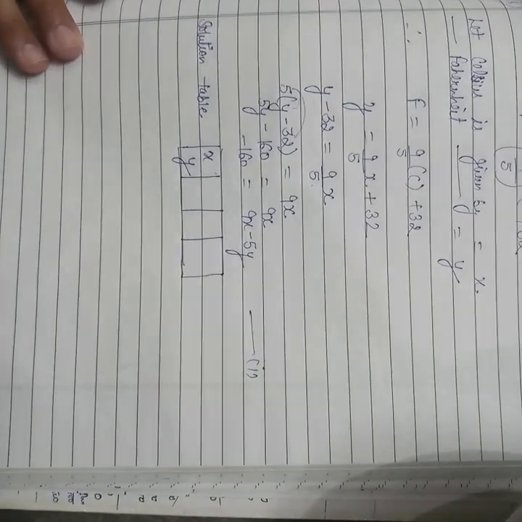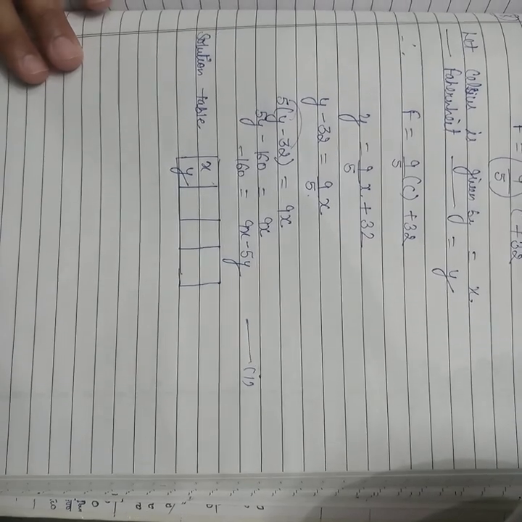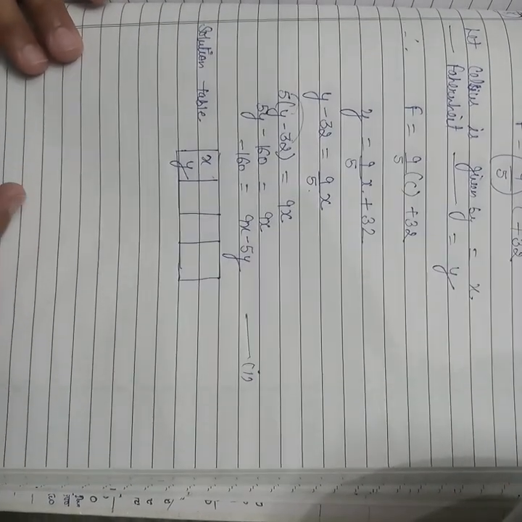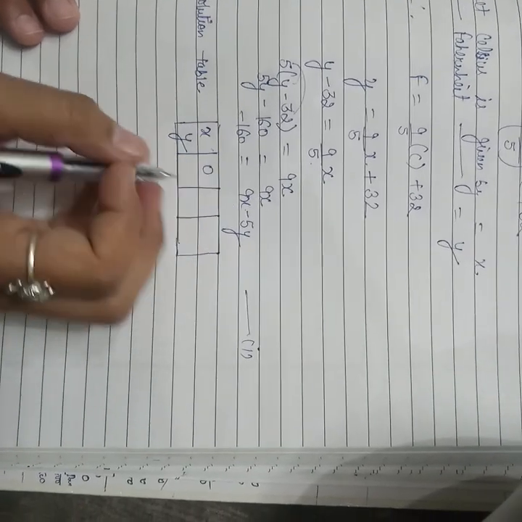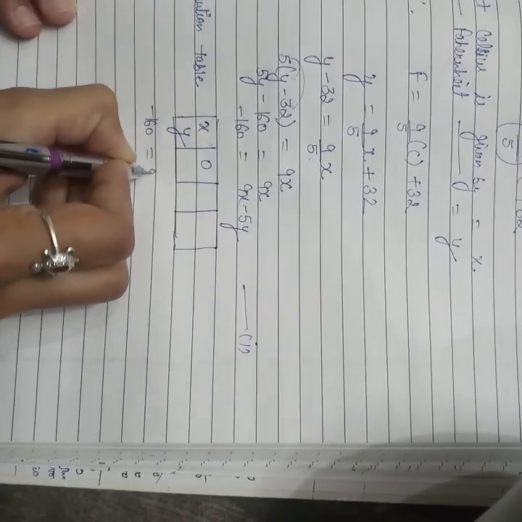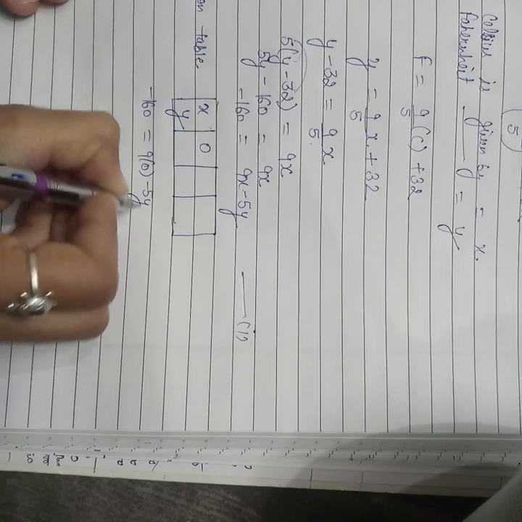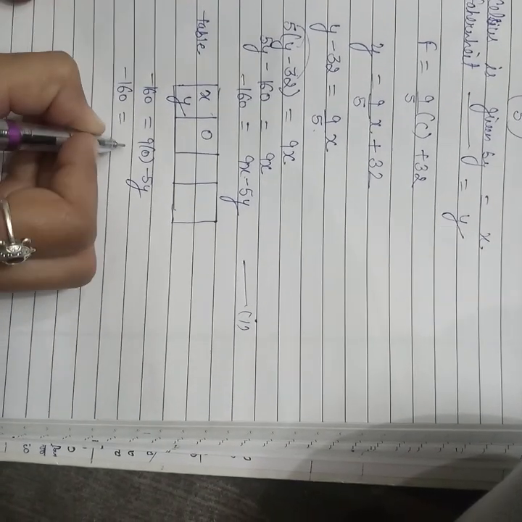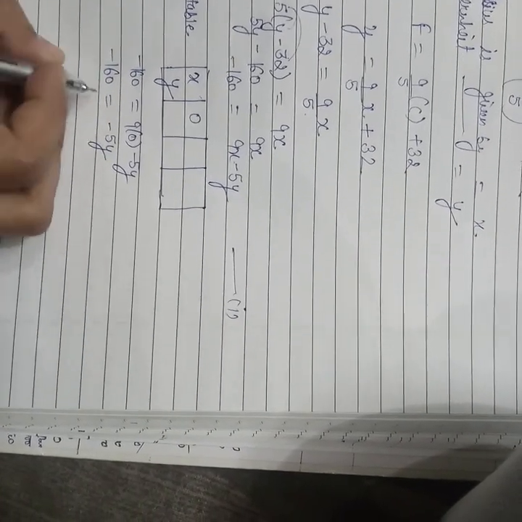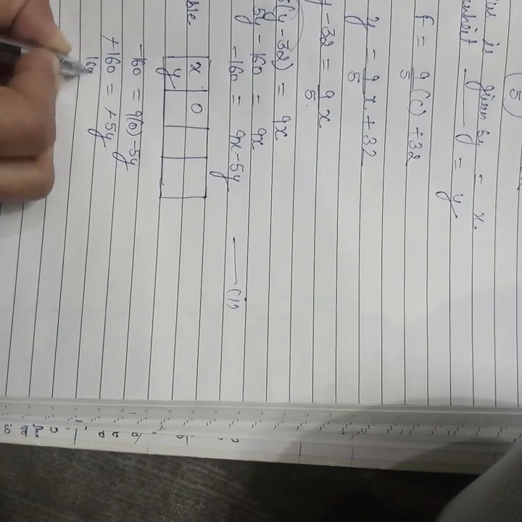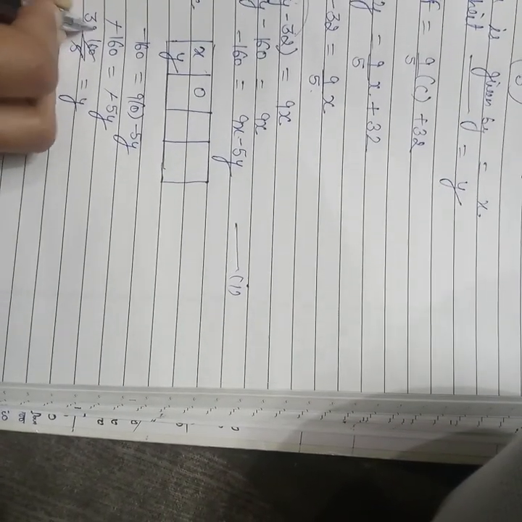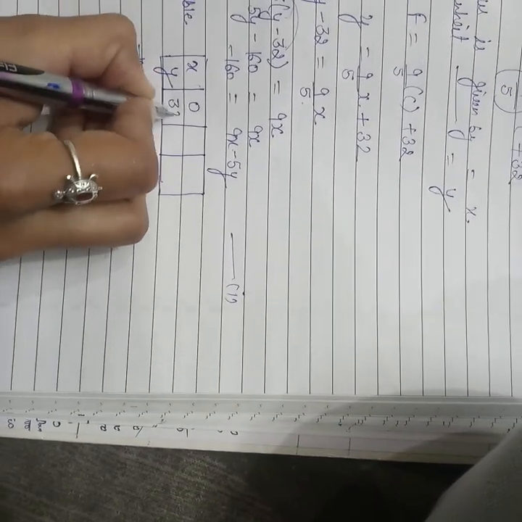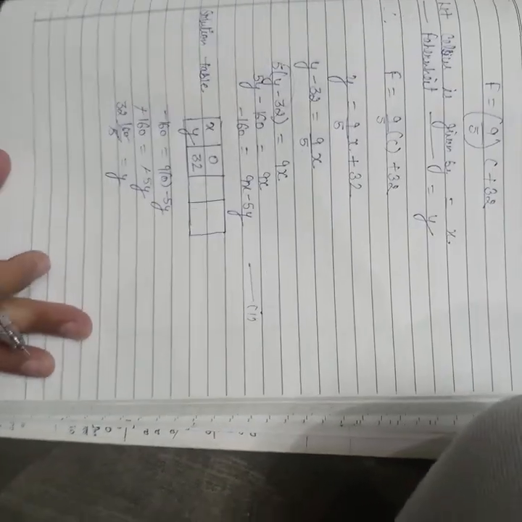Firstly I put the value of x as 0. Now putting x equals 0, we get 9 into 0 minus 5y equals minus 160, that is minus 5y. Minus and minus cancel out, 160 divided by 5 equals 32. Therefore when x is 0, then y is 32.